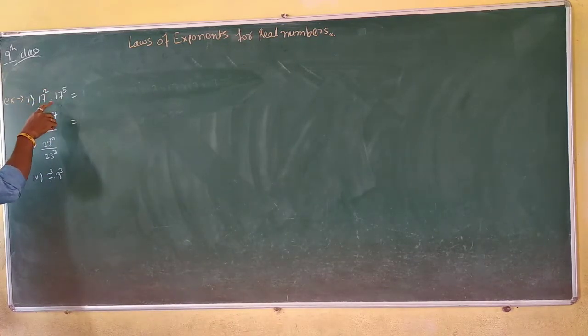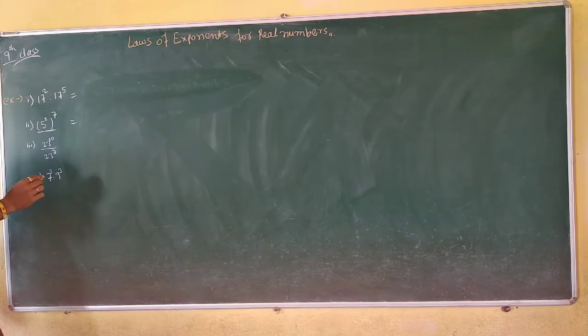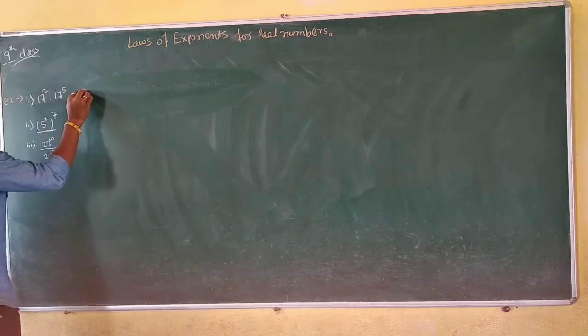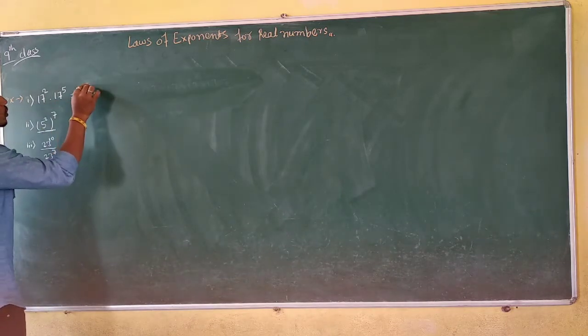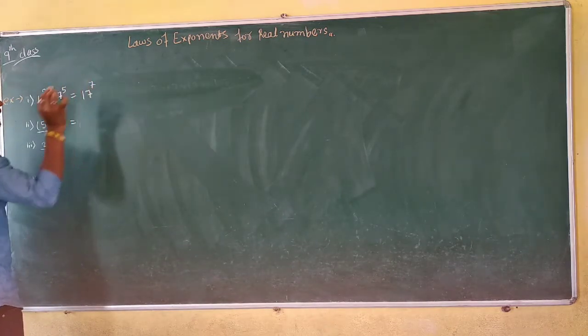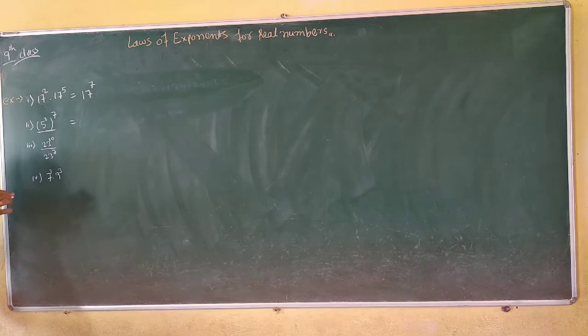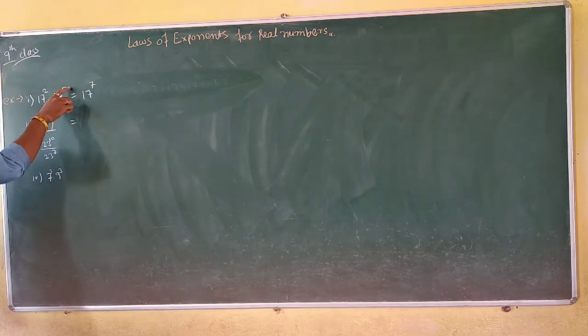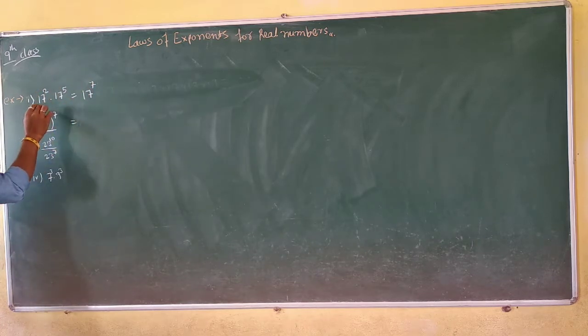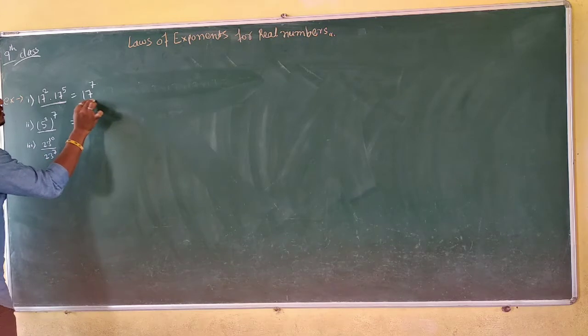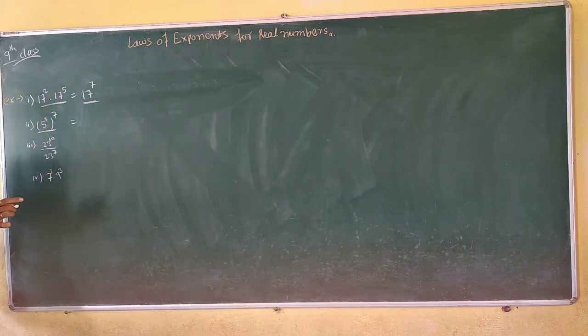17 square into 17 raised to 5 we can write as 17 raised to 7. The 17 raised to 2 into 17 raised to 5 is equal to 17 raised to 7.